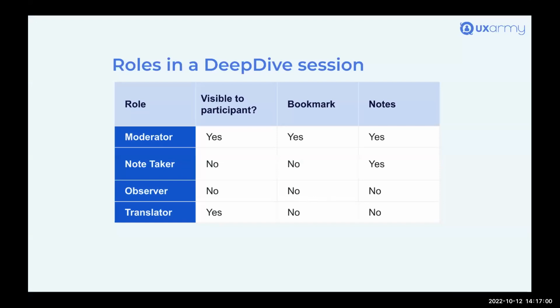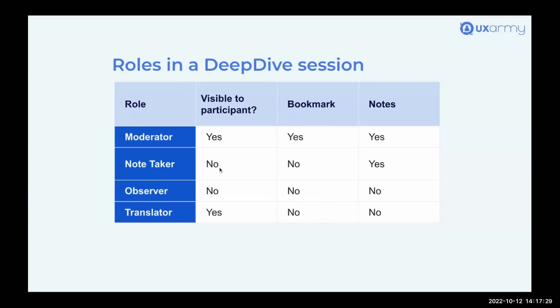The DeepDive section will have 4 roles. First is moderator, note taker, observer, and translator. It will have a different privilege for each user. For a moderator, it will be visible to participant and can also bookmark and do note taking during the session.